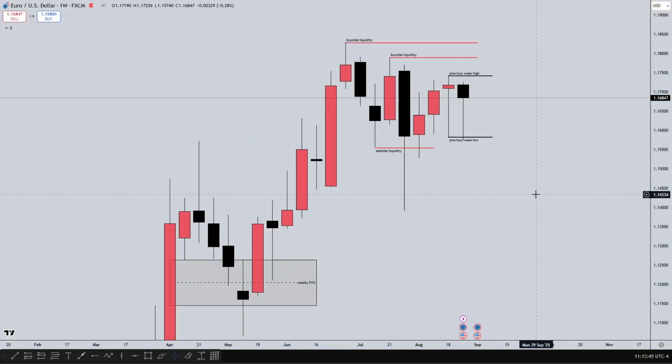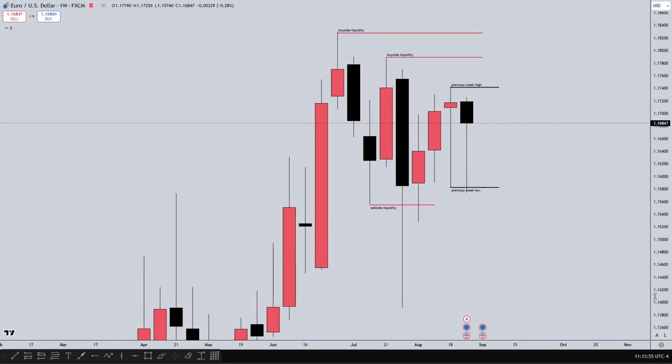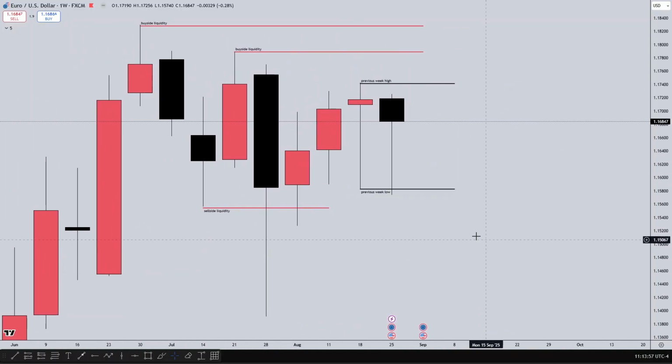So last week, price opened, came down, took out the previous week low, and did a retracement back toward the previous week high. You can see how the week came down, took out the previous week low, traded back but did not go for the previous week high.